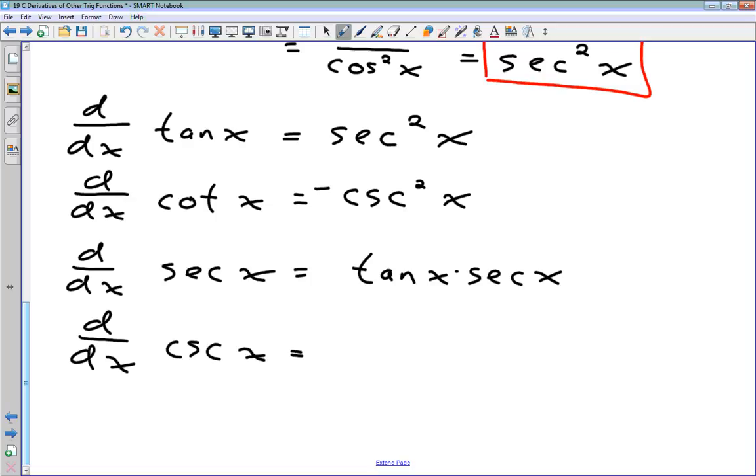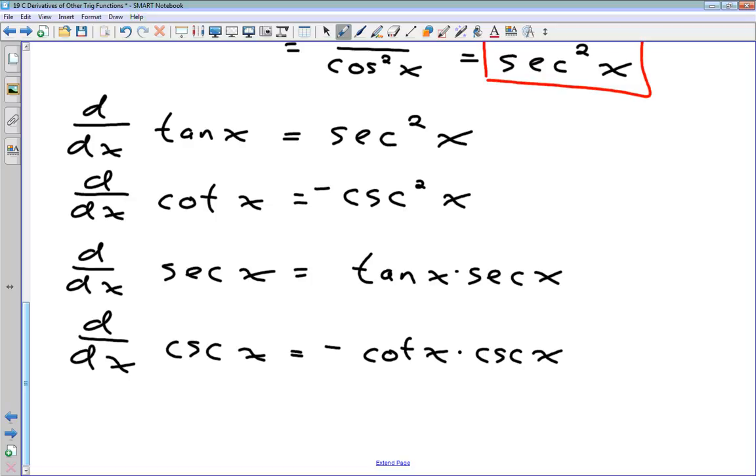And notice that these four that we're looking at always have two trig functions multiplied together, okay? So if derivative of secant is tan times secant, the derivative of cosecant is going to be cotangent times cosecant x. And because cosecant starts with a c, we should put a negative sign up front. So negative cotangent cosecant. So those are our four derivative rules for today.